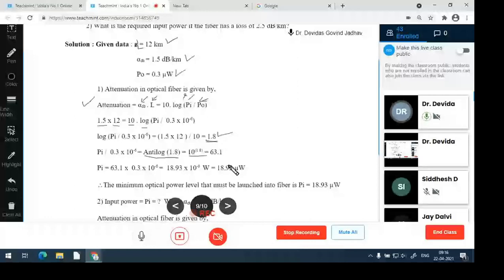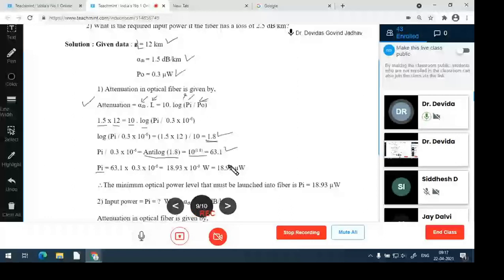Antilog of 1.8 means 10 raised to 1.8. That comes to 63.1. So Pi divided by 0.3 into 10 raised to minus 6 is 63.1. Now what is Pi? Take the denominator value 0.3 into 10 raised to minus 6 to the other side.